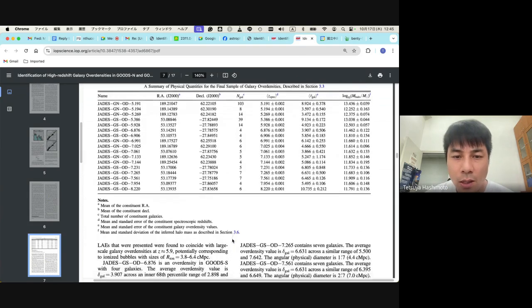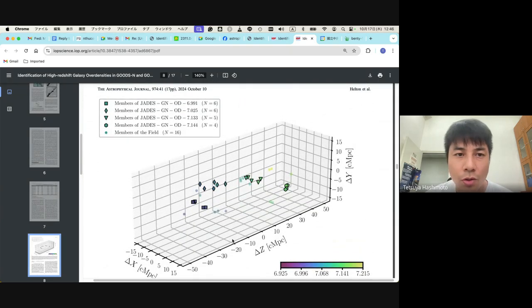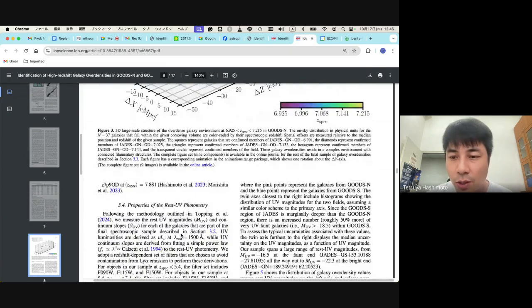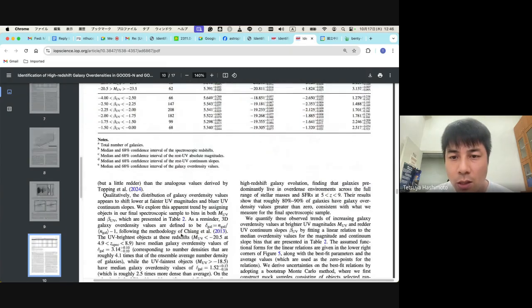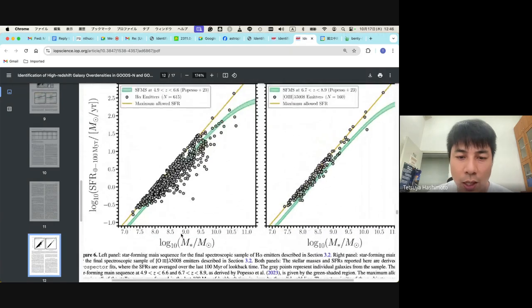And then this is a spatial distribution of individual overdensity regions. So I think they have this distribution of overdensity regions. But anyway, I'll quickly go to this one.